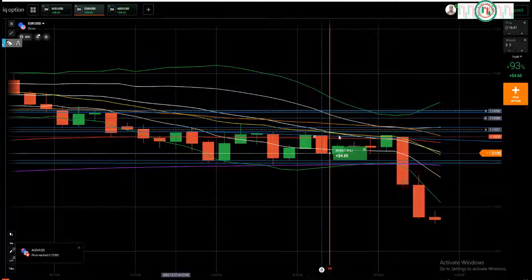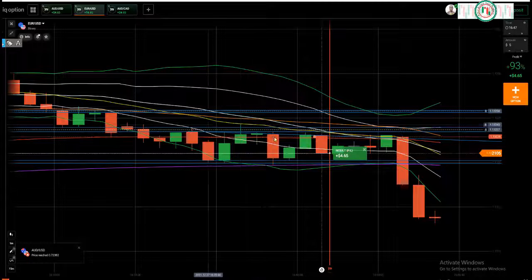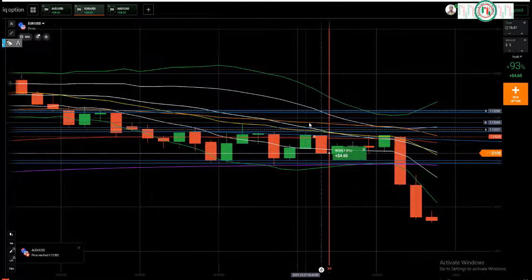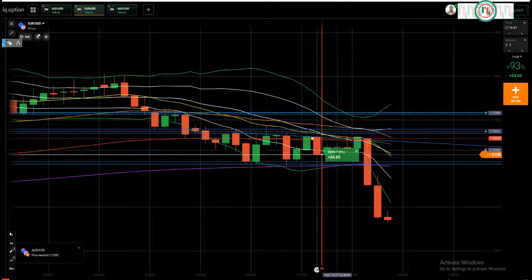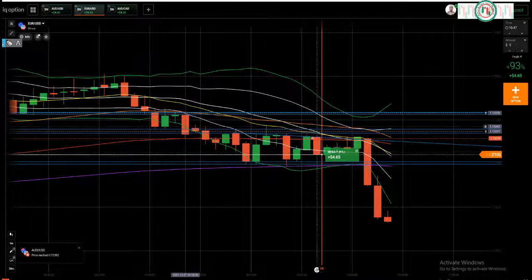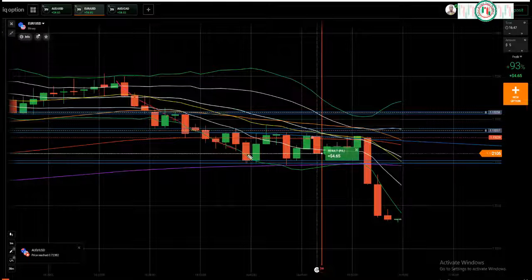I drew my trend line, so that's why I placed my put option trade in the direction of the minor trend after retracement, in the direction of the trend. So here you see market strongly came down. You see market went up.